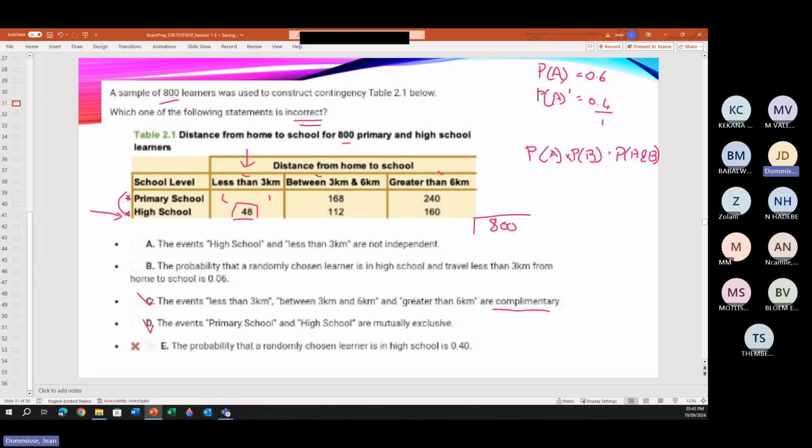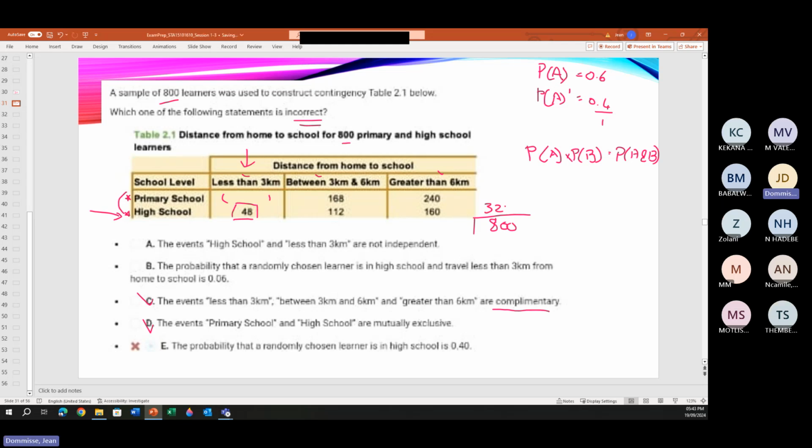So the probability of A, the high school, so now we need to start adding up. So 48 plus 112 plus 160 is 320. Okay, so the probability of A is 320 divided by 800.